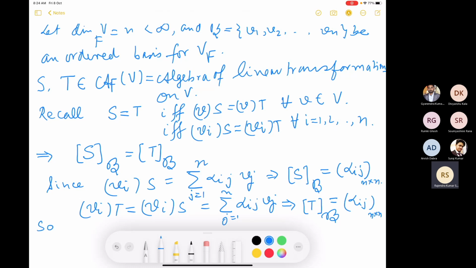So alpha ij equal to beta ij, n by n, if and only if each alpha ij is equal to beta ij. This is one property of the two matrices being equal.